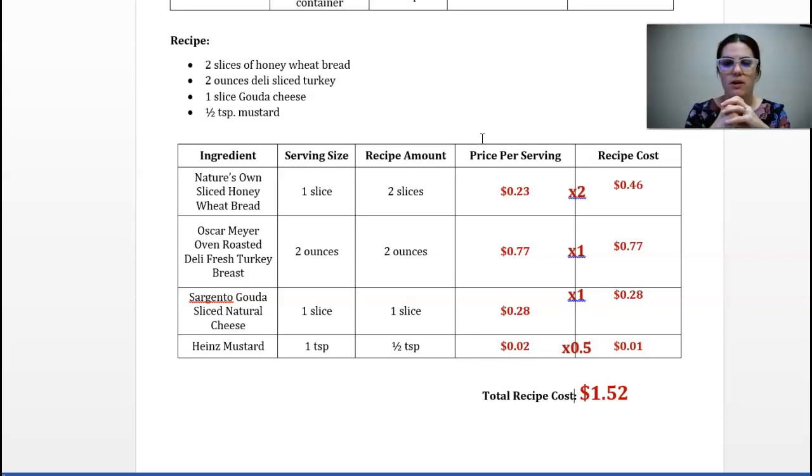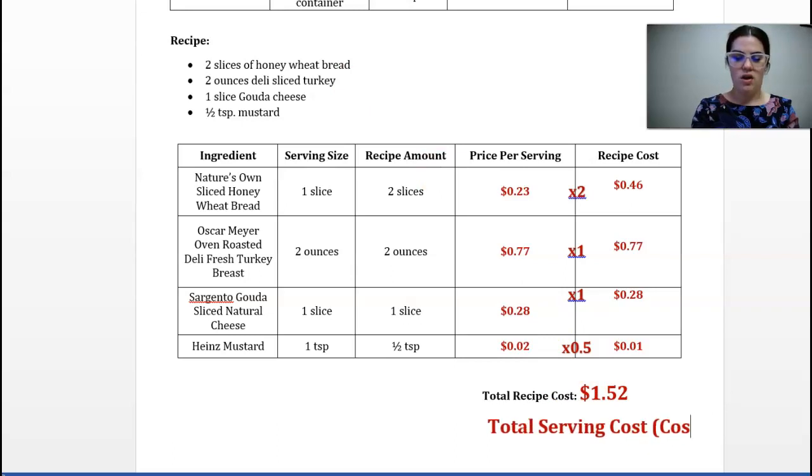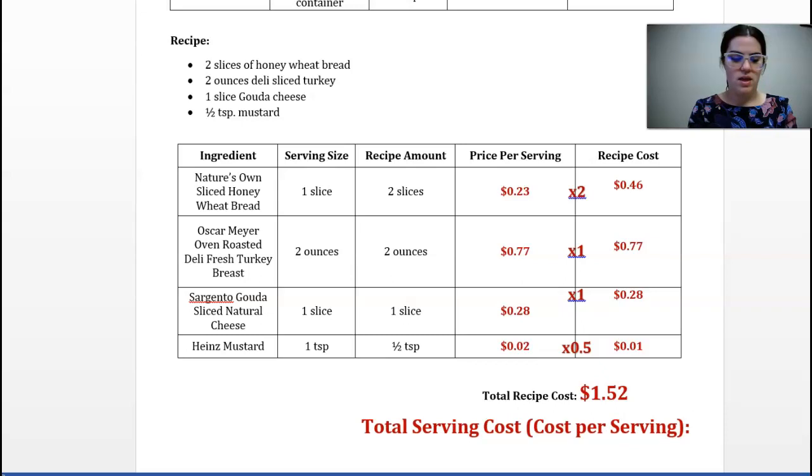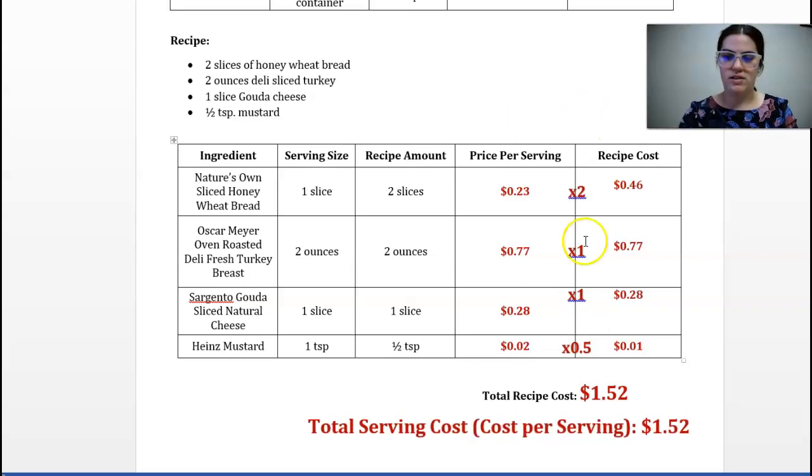So this total recipe cost is $1.52, but also the total serving cost, or cost per serving, is also $1.52.